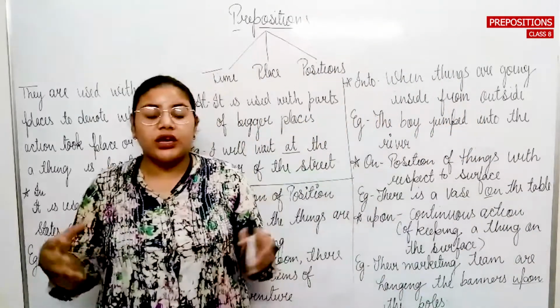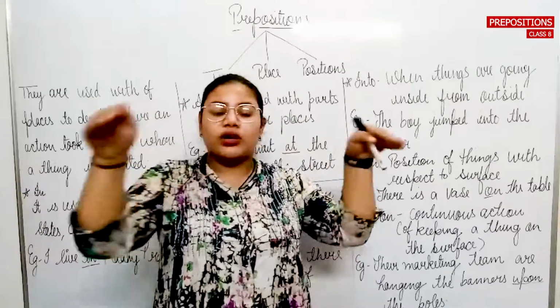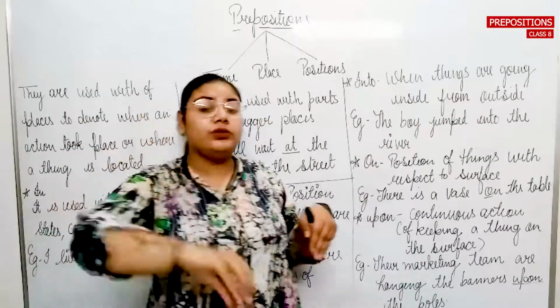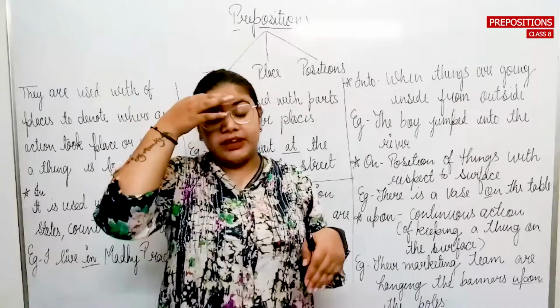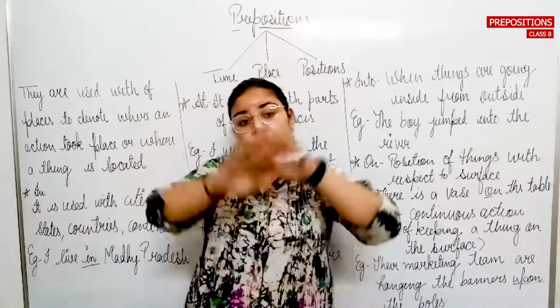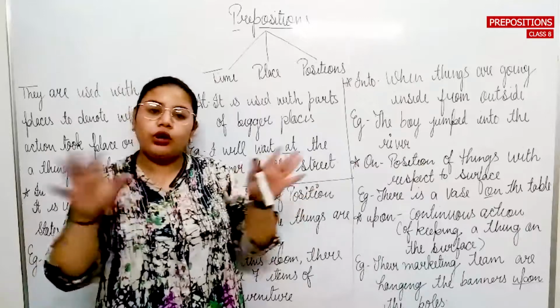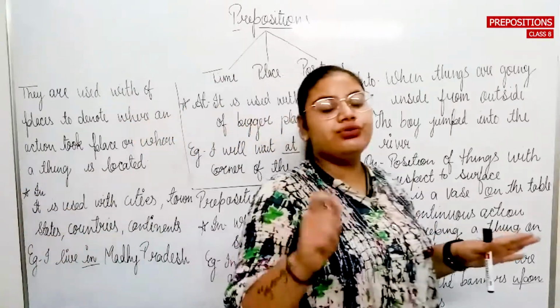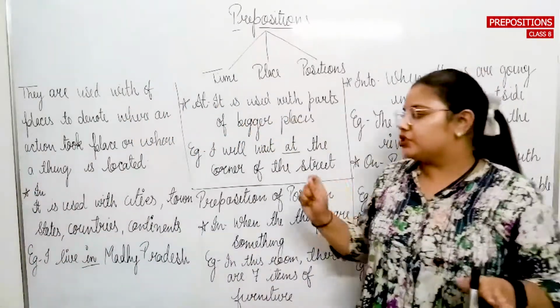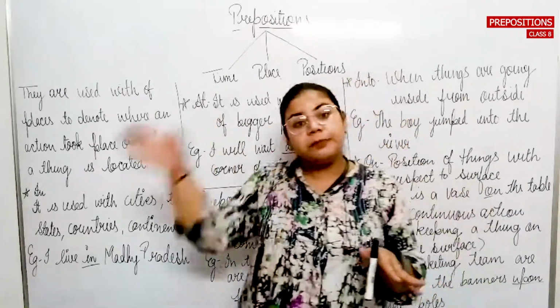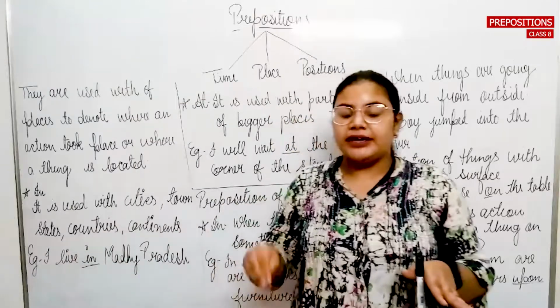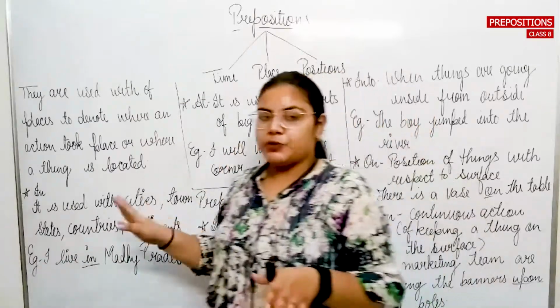If I am talking about the whole basket, I use in, but if I am talking about a part of that basket, I use at. So whenever we are talking about the whole place, we use the preposition in. But if we talk about a part of that particular place, we use the preposition at.